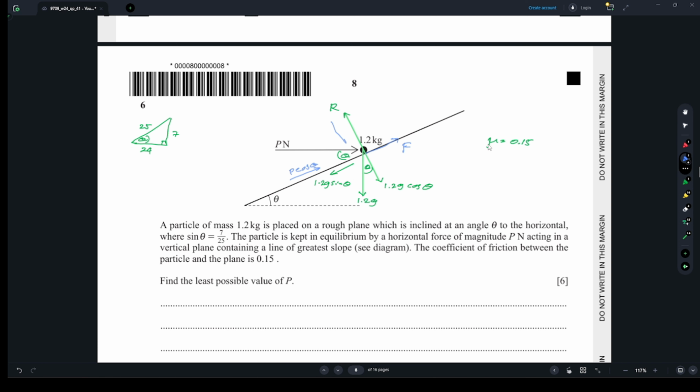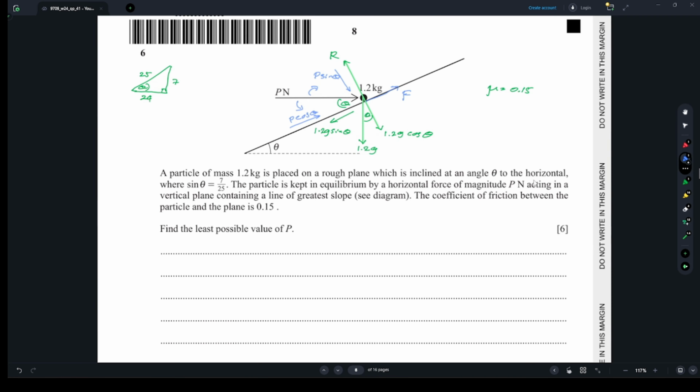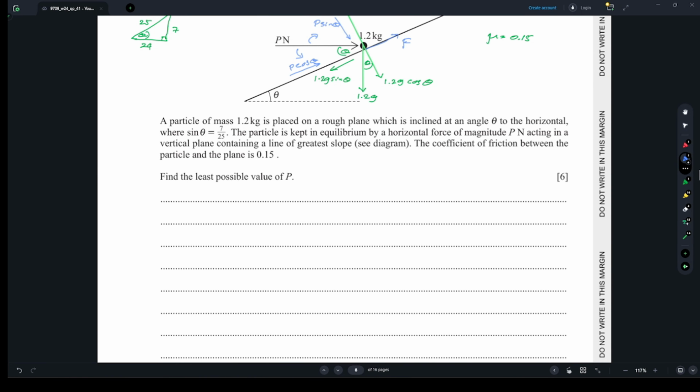And then perpendicular to the surface we have force P sine theta, because by rotating this way and this way. Okay, right. So now we have to find out the value for P.